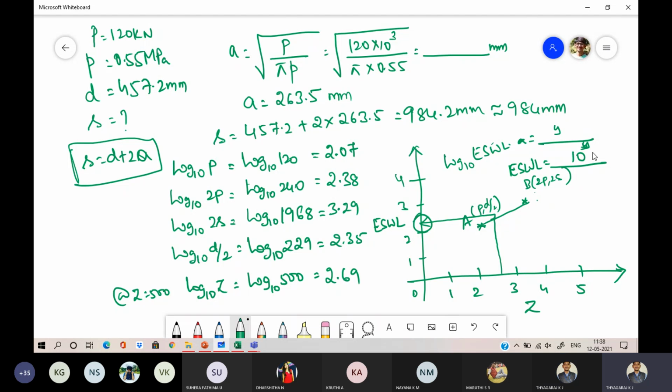Are you plotting the graph or not? Plotting, sir. Kindly tell me the ESWL value. So that is log 10 ESWL, how much you are going to get, and what will be the ESWL after converting that to anti-log.